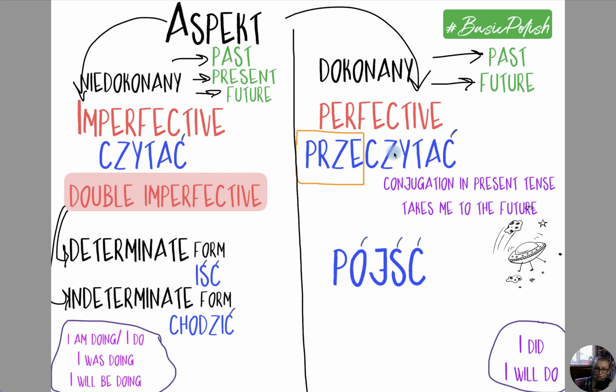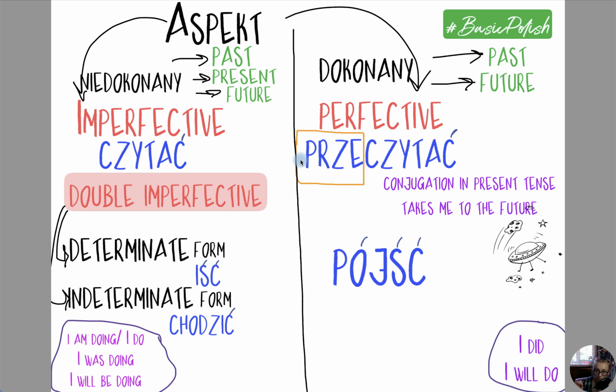I'm going to tell you what the difference is today and why it is so important. So the difference, as you may suspect, is the aspect. Here I added a prefix prze, right, and adding that prefix prze made this verb czytać perfective.